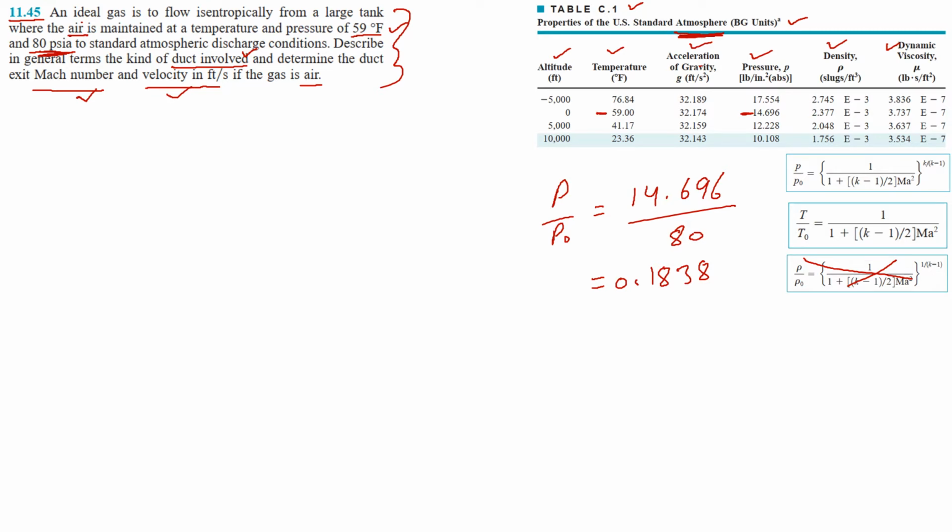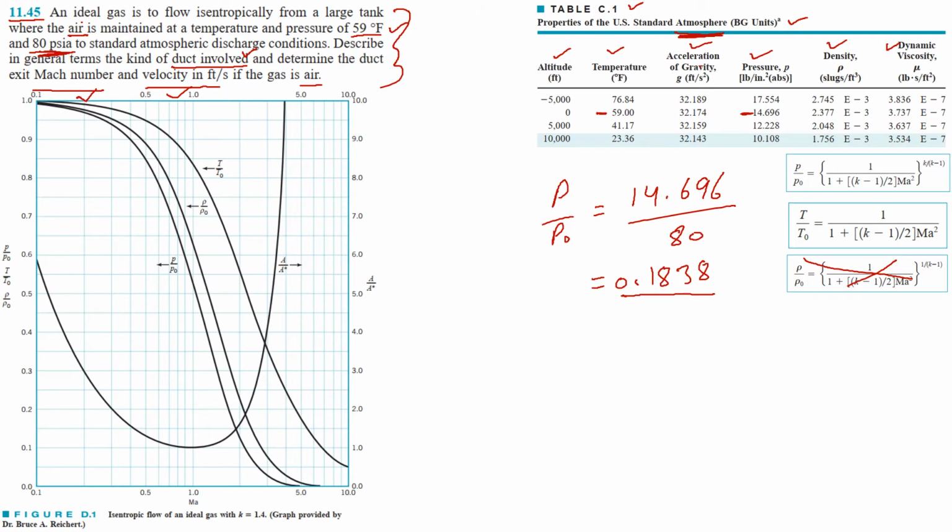So first, we are going to use this value in the graph, because this is the simple method. Just to remind you, this graph is for an ideal gas with a specific heat ratio of k equal to 1.4, so it will specifically be used for air.